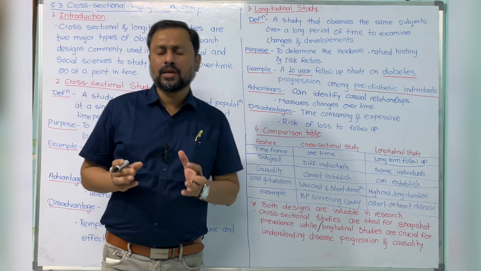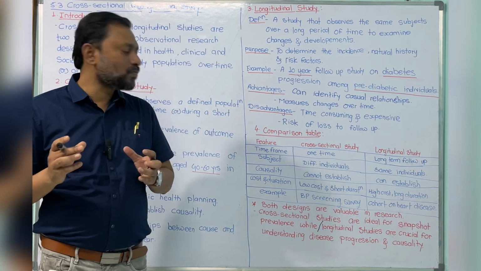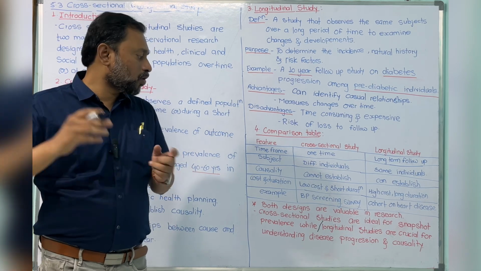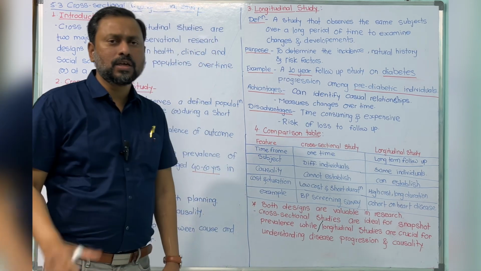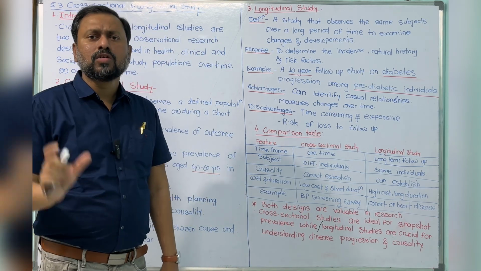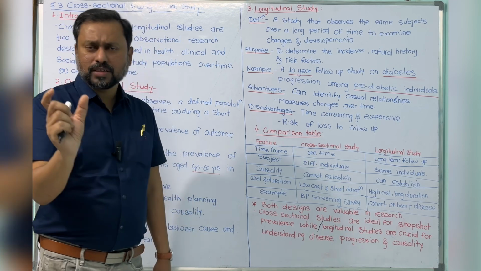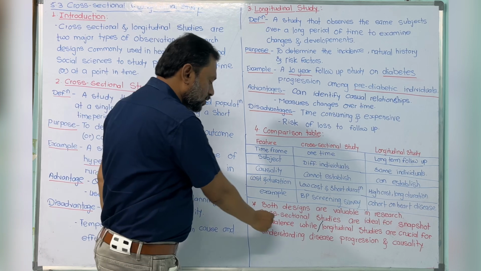Okay, now lastly, the conclusion. Both of these research designs are important. Cross-sectional studies are ideal for snapshot prevalence. It means cross-sectional is necessary for prevalence, that is, for a single time, to see what is common, for common diseases.